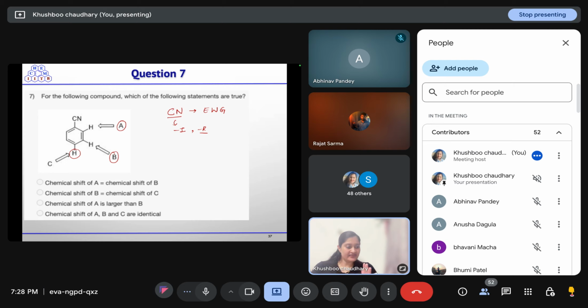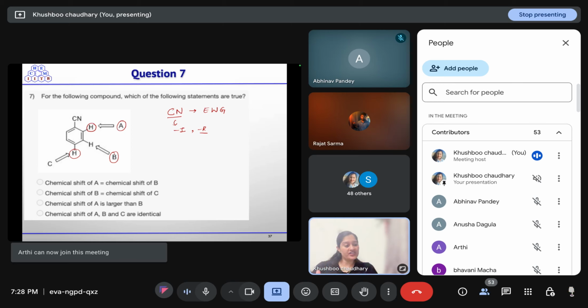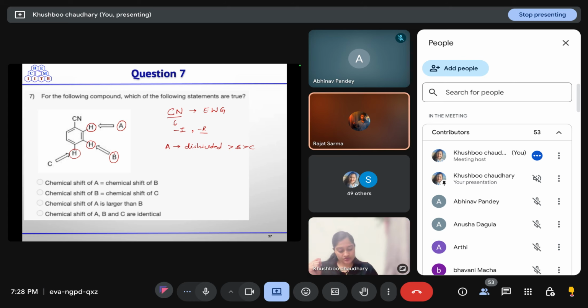So minus I effect depends on distance. That means the proton that is nearer to the cyanide is more deshielded than that which is far away from it. So this implies A is most deshielded, then B, and then C. So the chemical shift of A is larger than B.